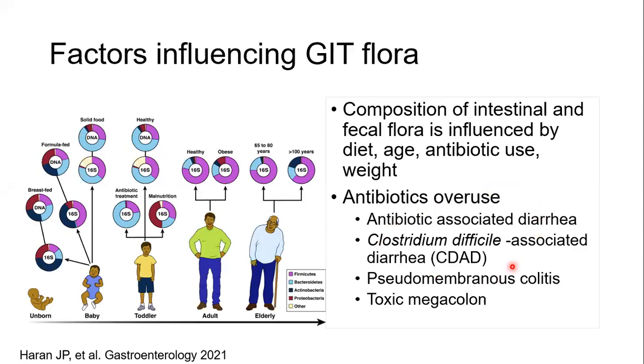But the more dangerous ones are where you disrupt the normal flora, and in doing so, you allow a certain bacteria known as Clostridium difficile, that you will talk about in more detail, to proliferate, and once it multiplies to such numbers that it's able to cause disease, it causes diarrhea.